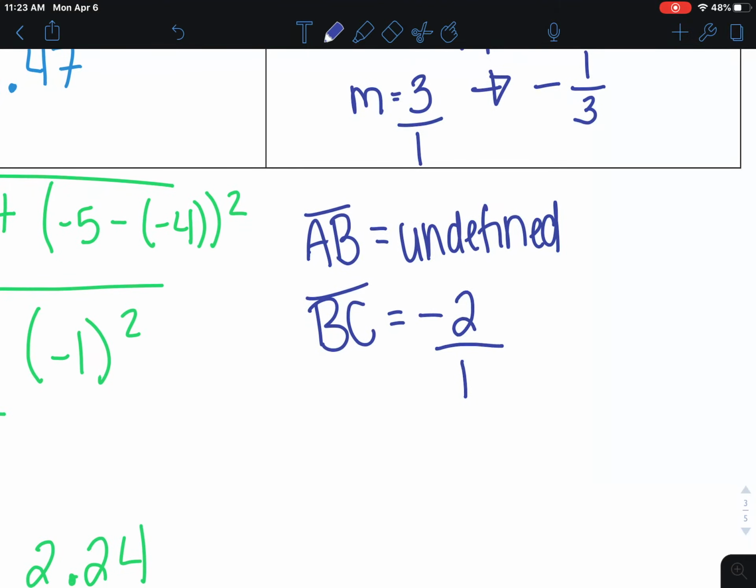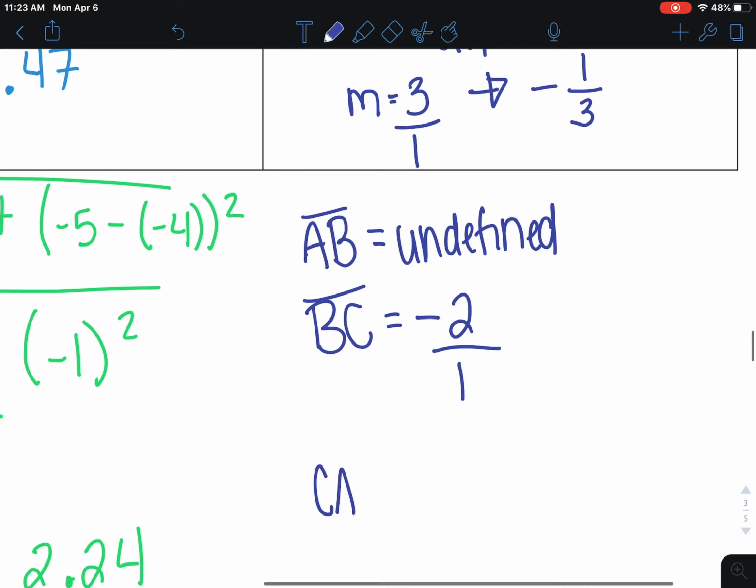And then my last side is CA. And that will have, let's see, what will the slope be? It looks like I'm going up 1 and right 2. So my slope is 1/2. Okay? So undefined, definitely not opposite reciprocal to BC or CA. So I'm looking at BC and CA.